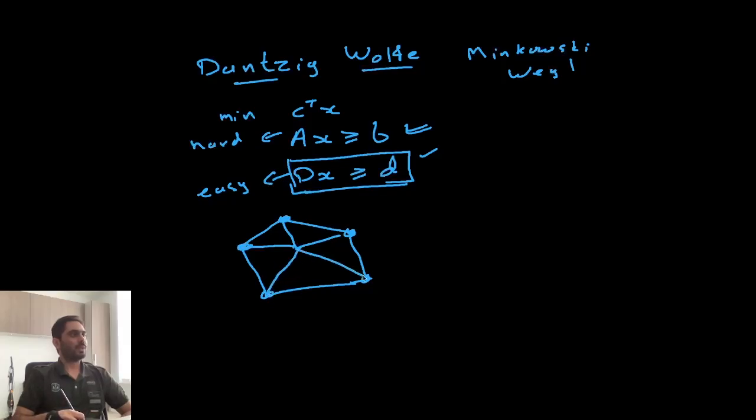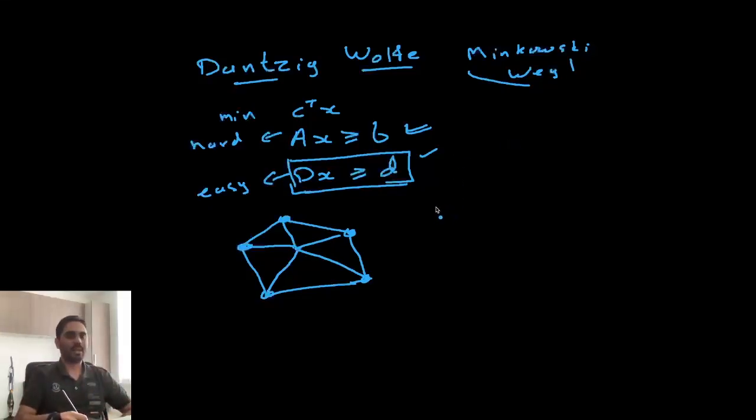That's the theorem. If my polyhedron is unbounded, then I will also have extreme rays, and those also come into the picture in how I represent a point inside it. But for now let's assume that my polyhedron is bounded. This part is somewhat easier.